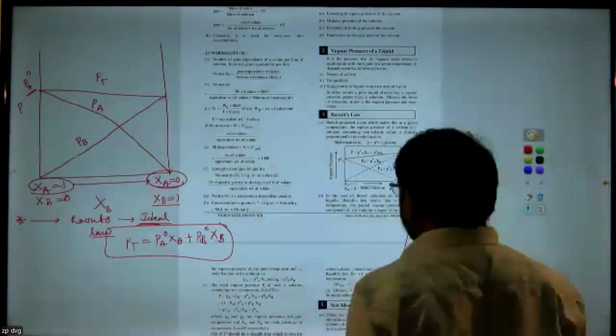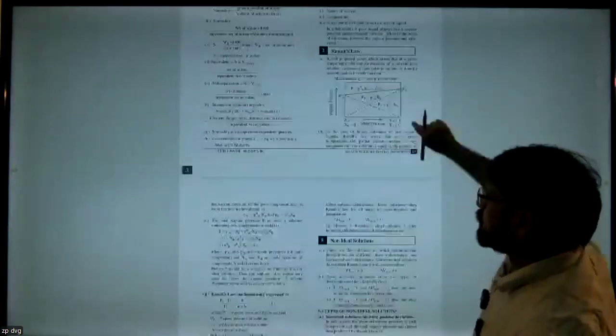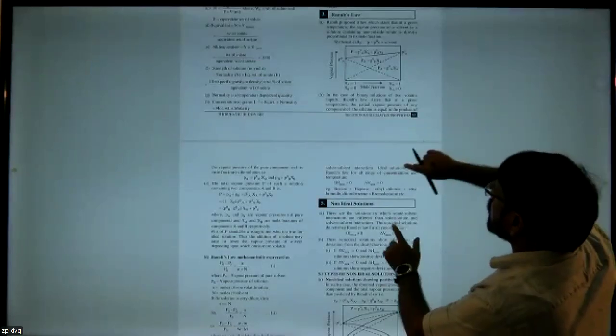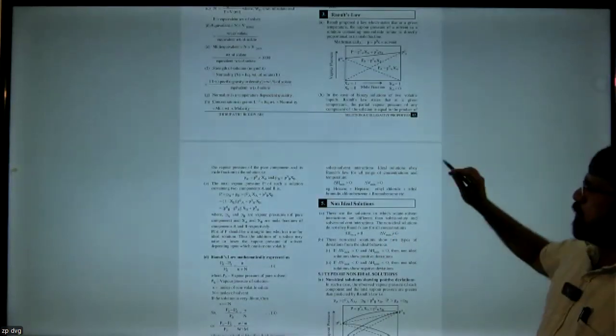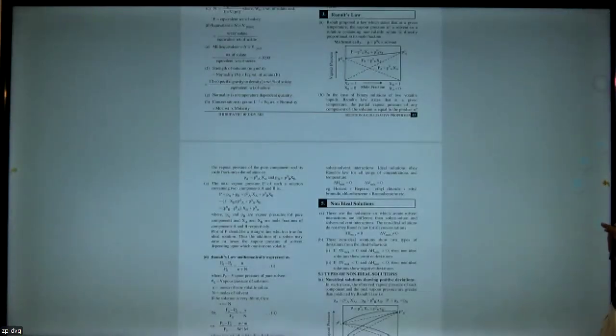Which are examples of ideal solutions and non-ideal solutions? Let us see here. Ideal solutions follow Raoult's law.